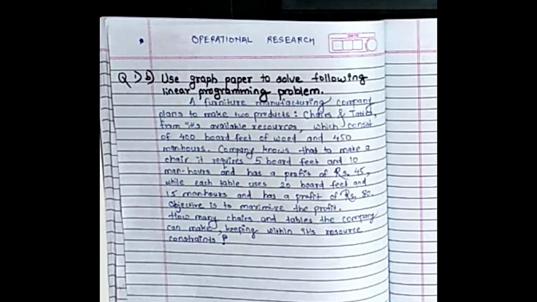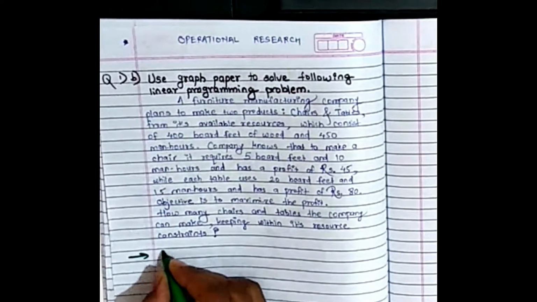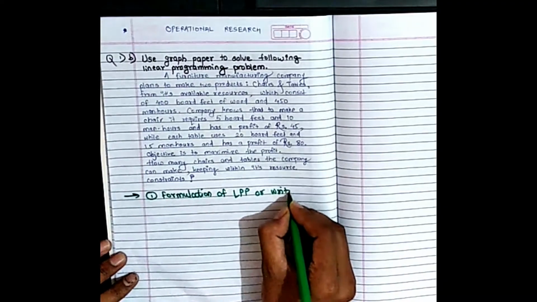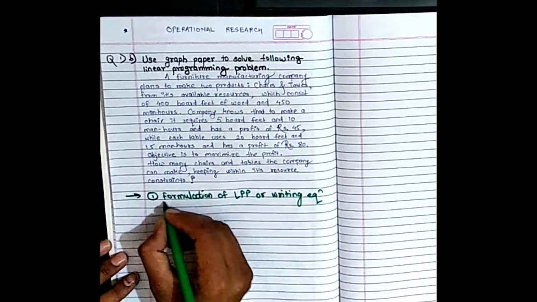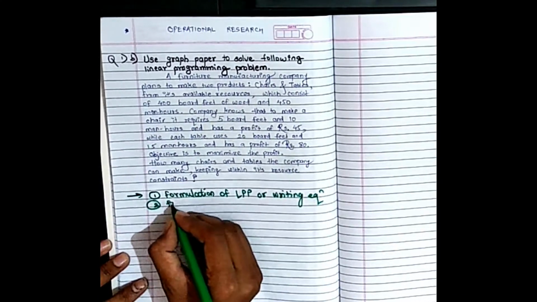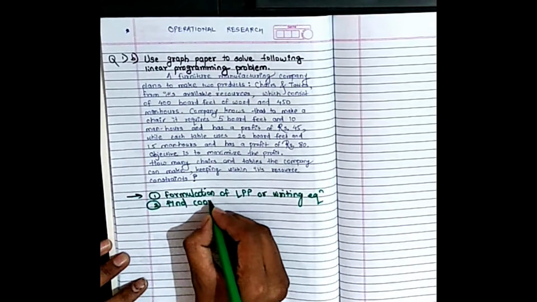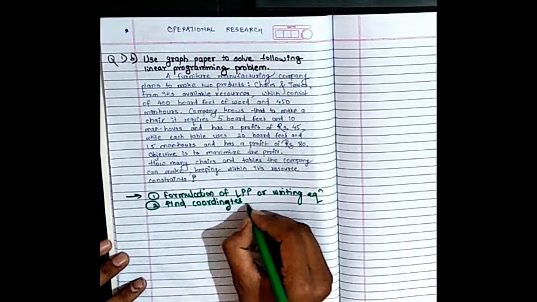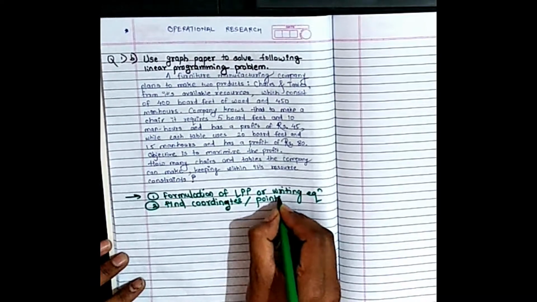Now example here given is in the form of English statement. So for solving any linear programming problem by using graphical methods, we have 5 steps. These steps are: first, formulation of linear programming problem, writing equation. Second method is to find coordinates, or we can say points on the graph.